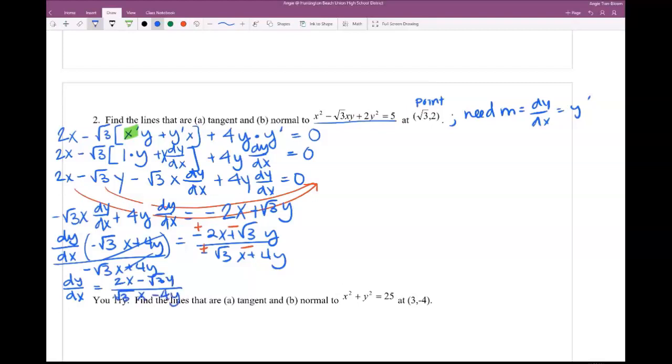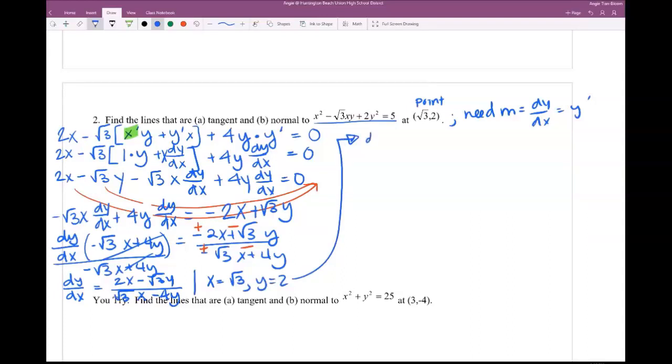So that is the derivative at any xy point. But for our problem, they want you to evaluate when x is radical 3 and y is 2, because it wants to find the slope at that one particular point.